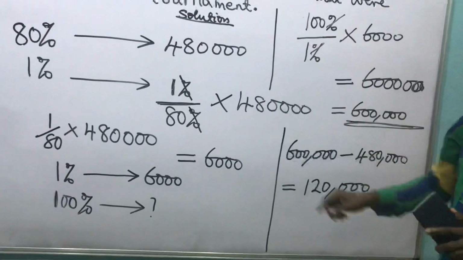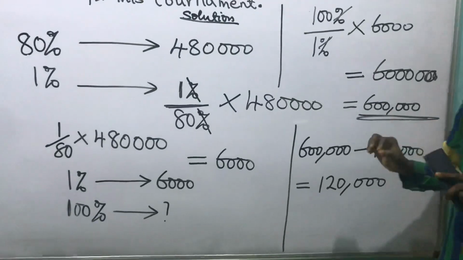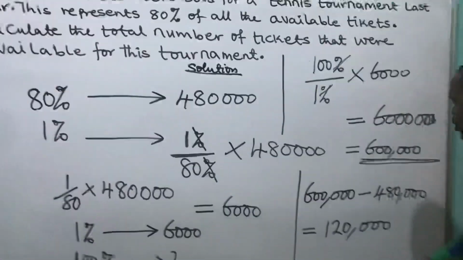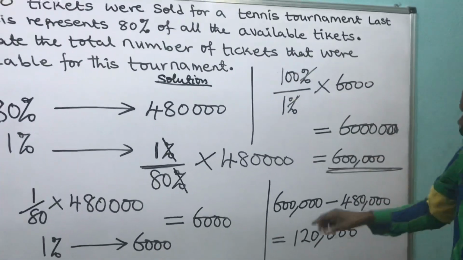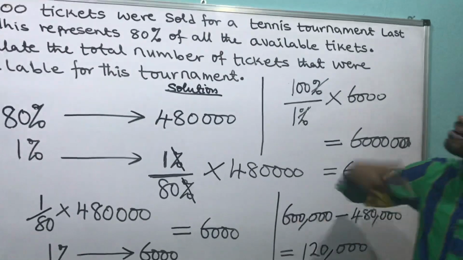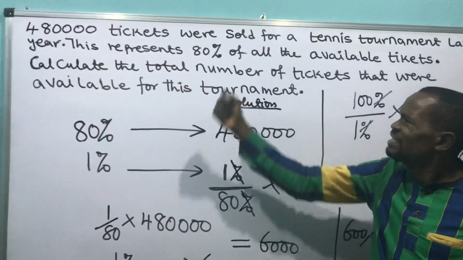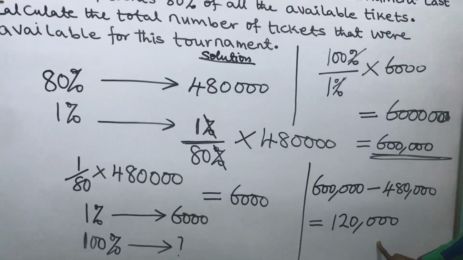And we have calculated that 600,000 tickets is what was provided for this tennis tournament to be sold. Now, this is an additional question: if we are asked to calculate what remains after we have sold 480,000 tickets out of the whole, what remains is 120,000 tickets.